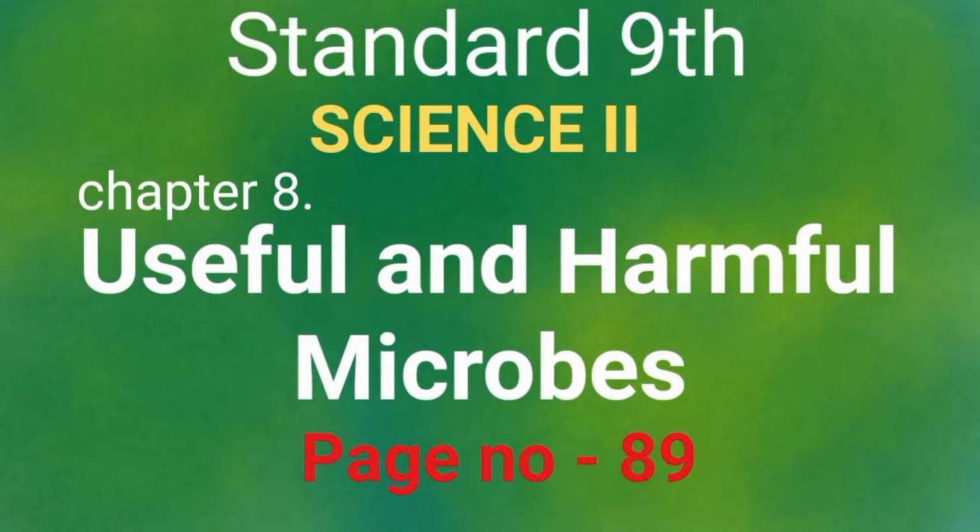Research. 1. How many different industries depend upon the lactobacilli bacteria? 2. Which types of cottage industries and factories can be started in areas with abundant milk production? Rhizobium symbiotic bacteria. Let's try this.